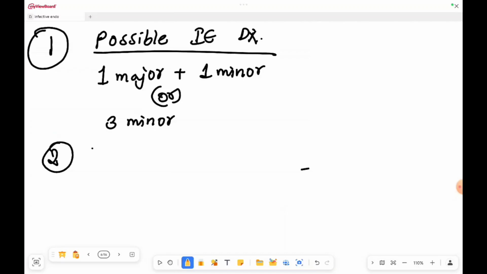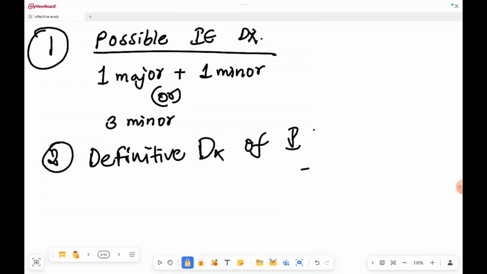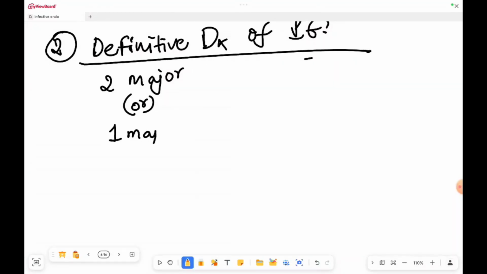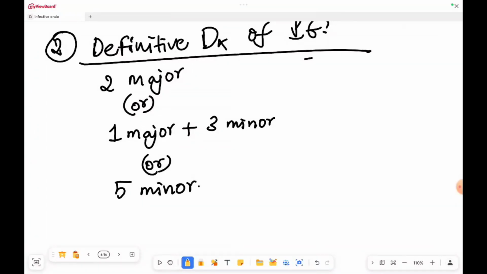For definitive diagnosis of infective endocarditis, there should be two major, or one major plus three minor, or five minor.